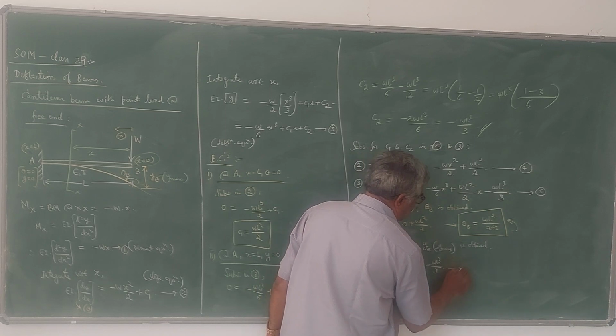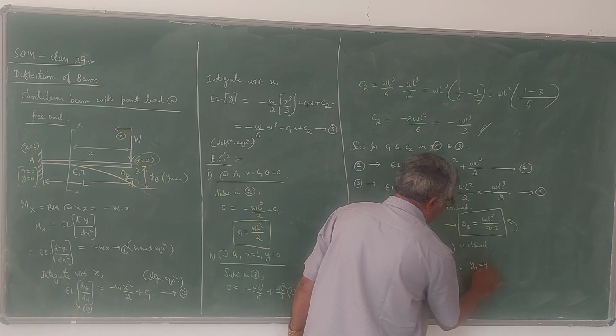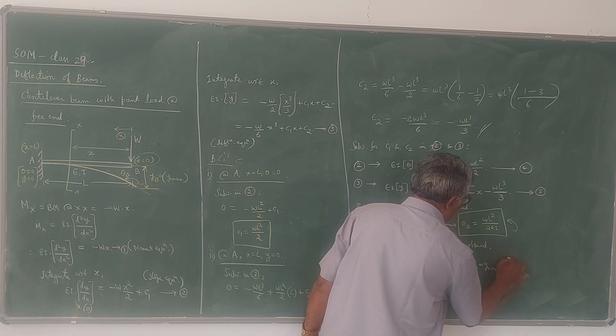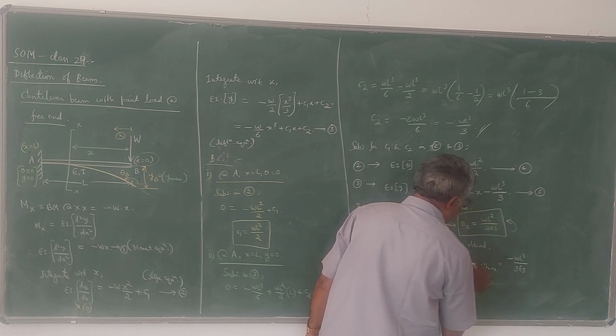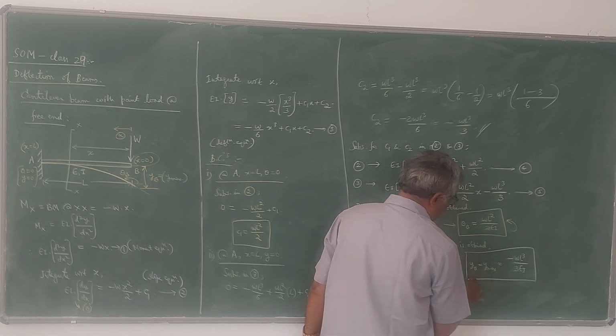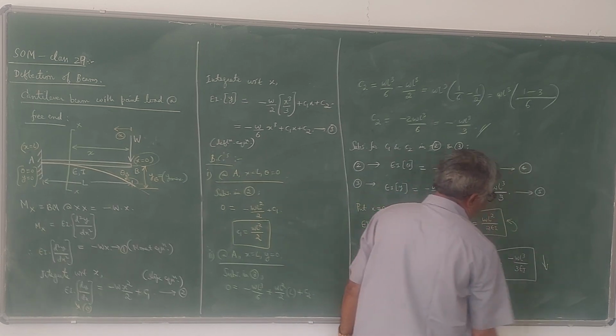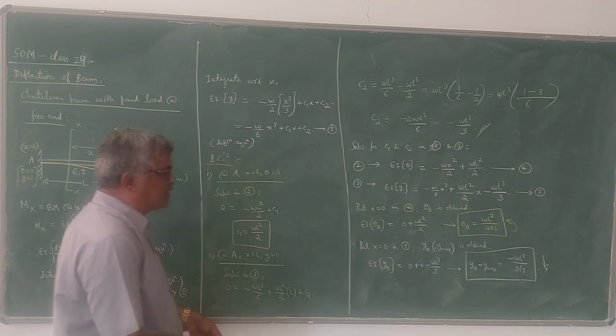Or in other words yb or y max will be equal to minus W L cube by 3EI. So this minus stands for downward deflection.